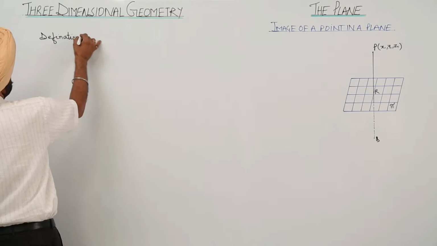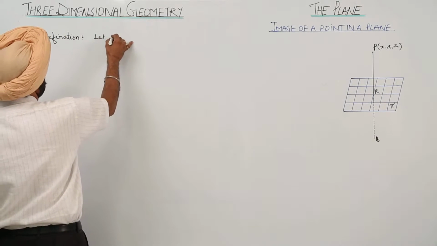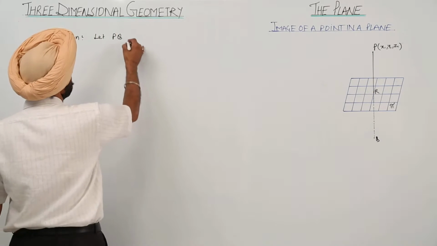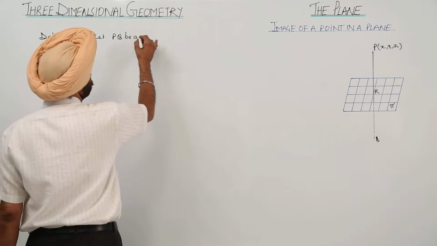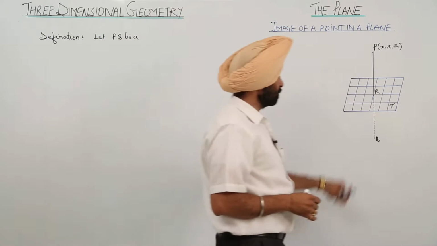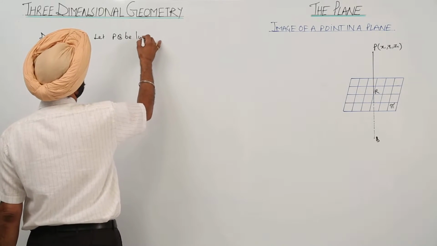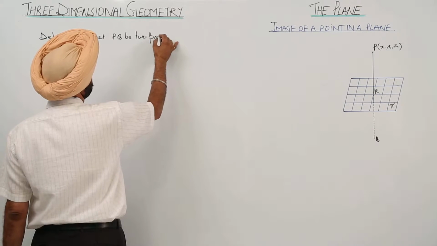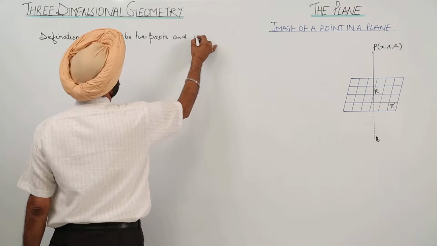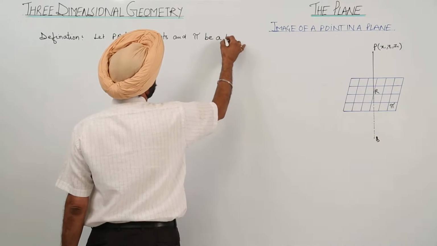Now what does this mean? A very simple thing. Let P and Q be 2 points and pi be a plane.